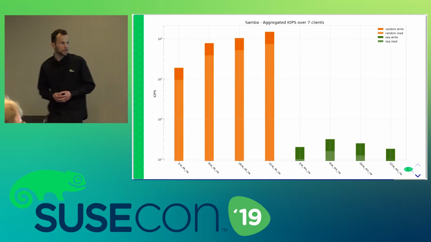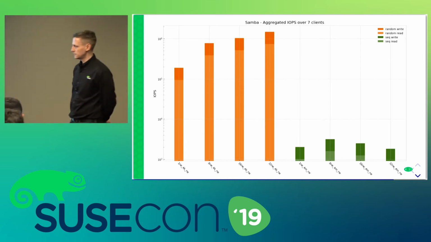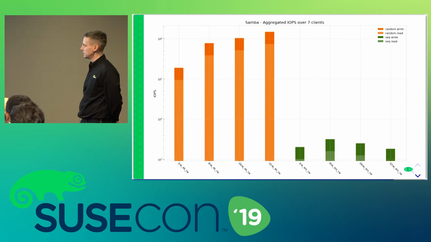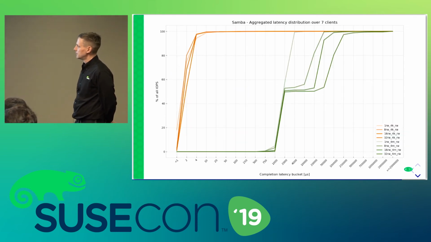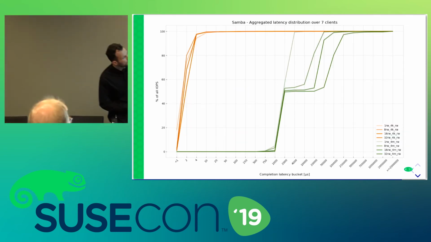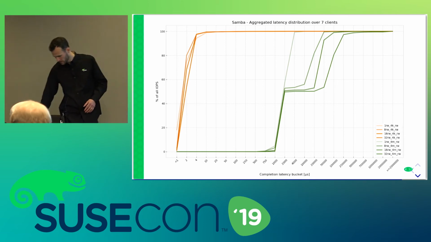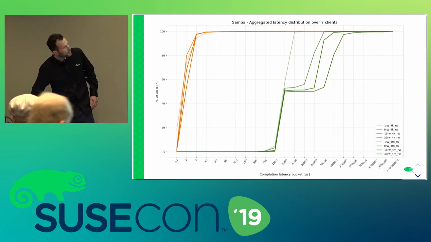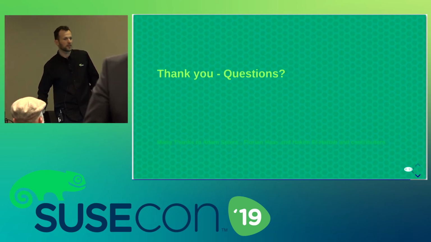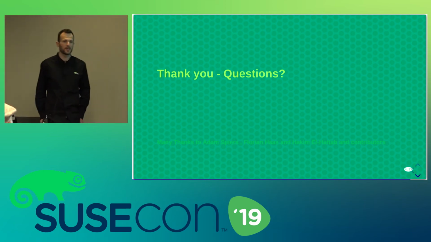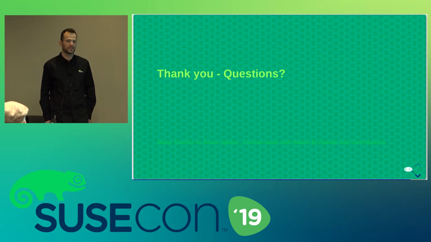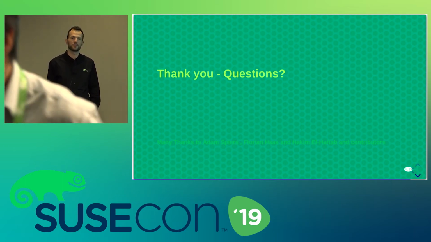The experiments are exactly the same, just different targets, really. This is the distribution. I don't think it's too interesting there, but I think we can go to questions anyway, if anyone would like to know more about the benchmark setup or numbers.